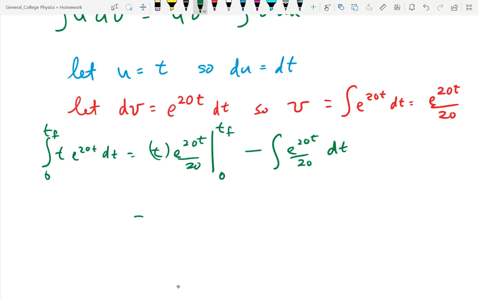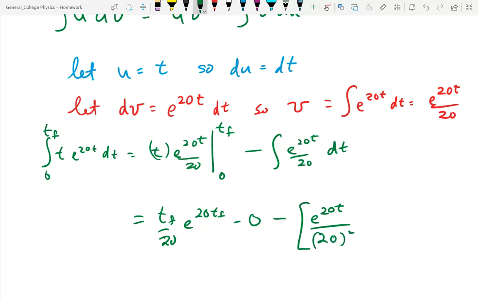If I apply my limits, upper limit, I'm going to have t final over 20 e to the 20t final minus 0 because it has the t out front. And I'm going to have minus integral of e to the 20t dt. We already did that. It's going to be over 20 squared because I have the 20 from the first one.